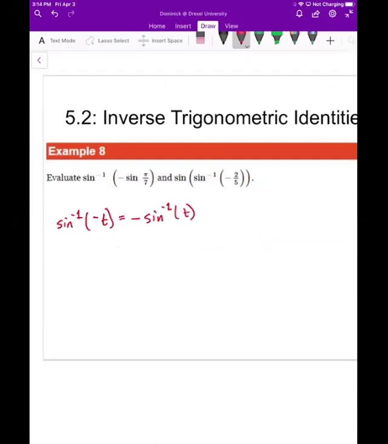So in order to do inverse sine of minus sine of pi over 7, I need to take negative inverse sine of pi over 7. And of course here, pi over 7 is between negative pi over 2 and pi over 2. So here I'm just going to get negative pi over 7.